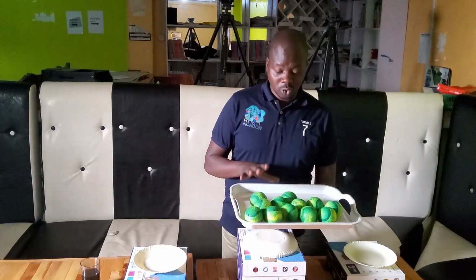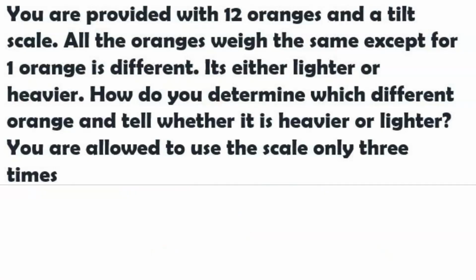All the oranges or all the balls are the same in everything, except that one of them is different in terms of its weight. That is to say, one of them is either lighter or heavier than the rest. Your role is to use a weighing scale to determine which of the oranges is different from the others.